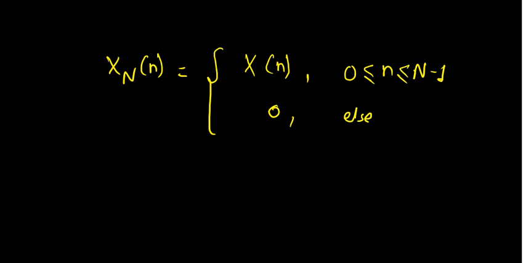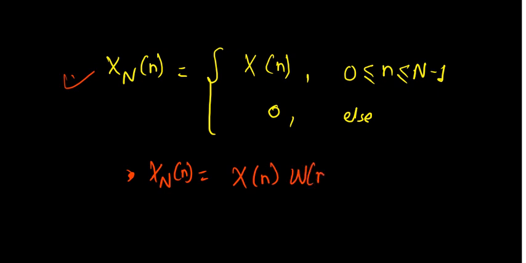Now this equation can be mathematically expressed as: I can write xN of n as the process x of n multiplied with some process w of n, where w of n is nothing but a window. Suppose I am given any random process x of n.